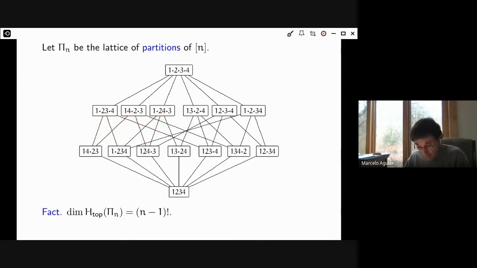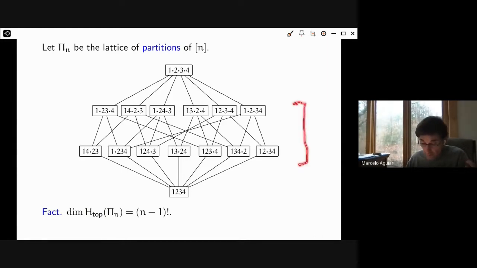Well, it is a fact that the dimension of a certain homology group of this space is (n-1) factorial. In this case, n is 4. It turns out that this space is always of dimension n-3. In this case, n-3 is 1.